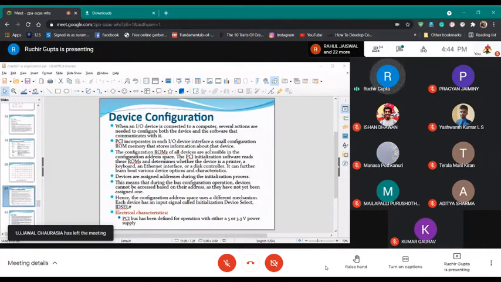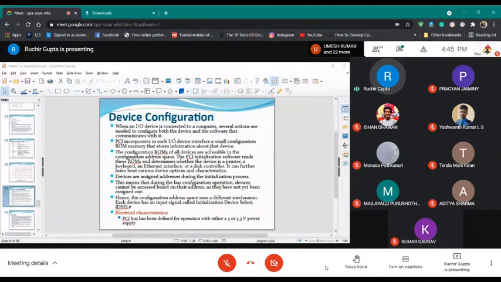This configuration is always accessible in configuration address space. Then PCI software reads this memory whenever the system is powered up or reset, and determines what kind of device it is. It may be a printer, a keyboard, an Ethernet interface, or anything of this kind.